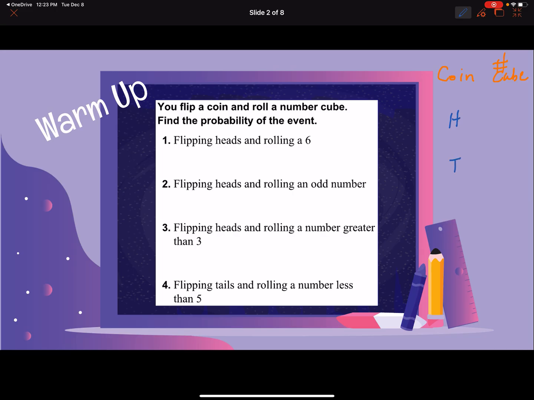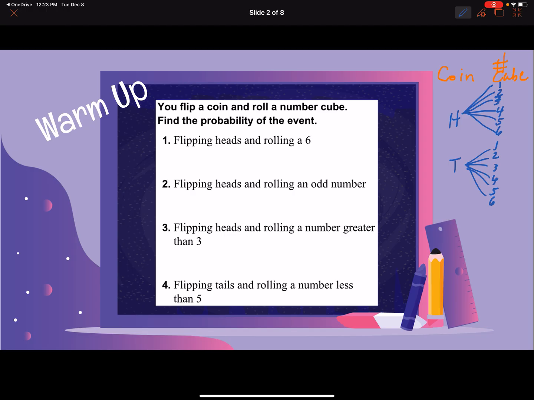With my number cube, I can get a 1, 2, 3, 4, 5, and 6. So there are my options: if I flip a head, I can get each of those on the number cube. If I flip a tail, it's the same thing. I can still get number 1, 2, 3, 4, 5, or 6 on the number cube.